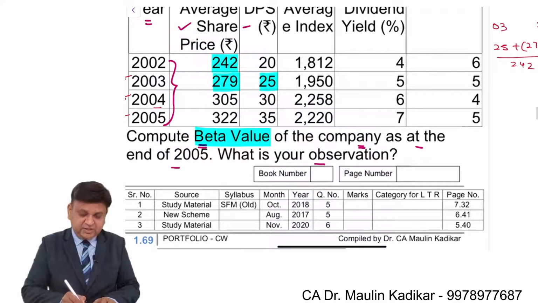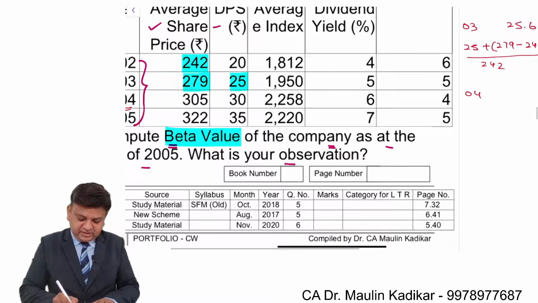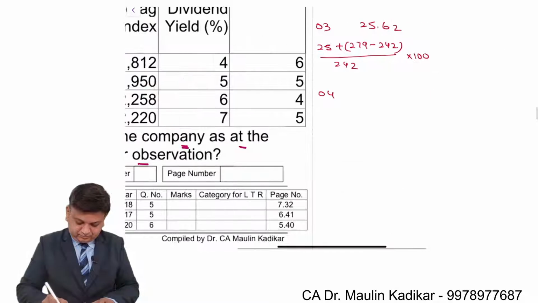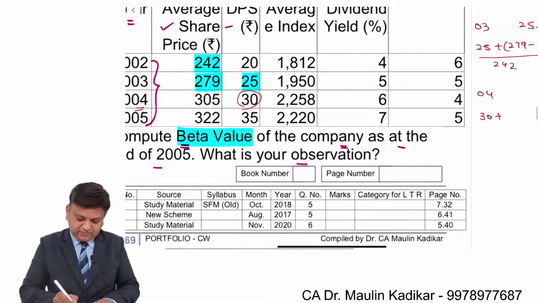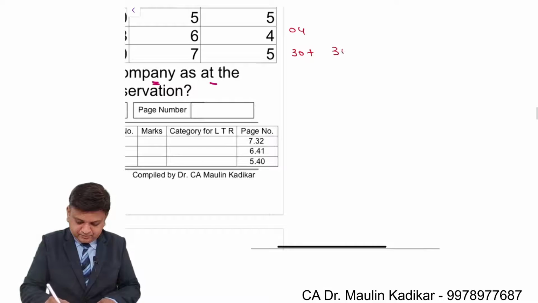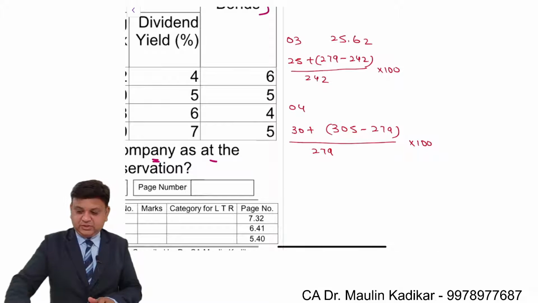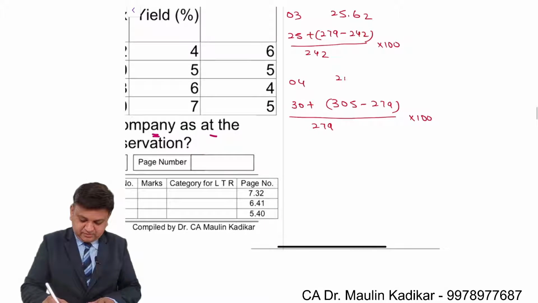Okay. For the next year 2004, let us see. The dividend income is 30 plus 305 minus 279, divided by 279 into 100. So 305 minus 279 comes to 26, plus 30, divided by 279. It comes to 20.07.